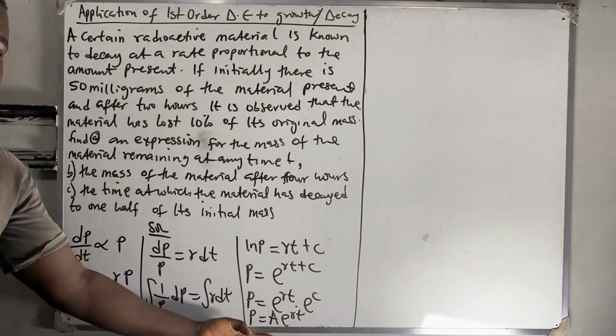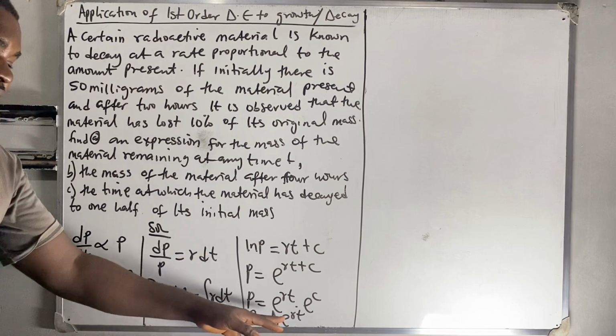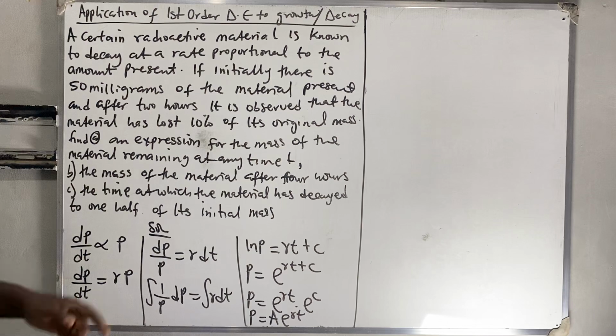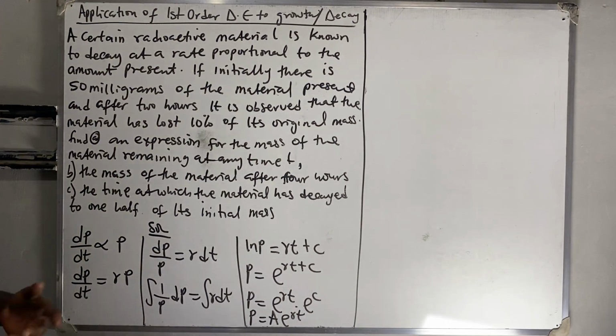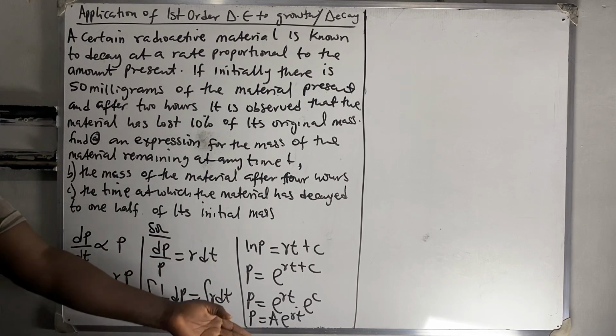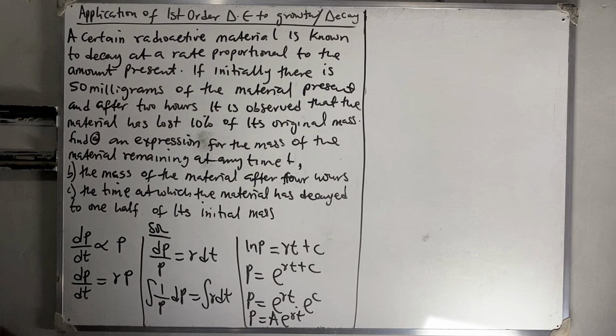But if you leave it as positive here, after solving, you will see that we are going to get a negative answer showing that it is decay as well. So any of the two methods will still give you the same answer. It's either you introduce a negative initially to show that it is decay, or you leave it, and you will still get a negative to equally show that it is decay.